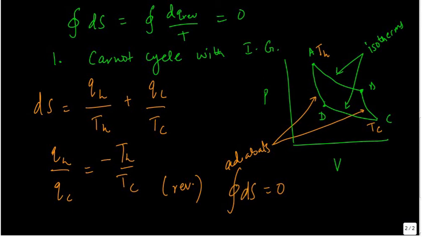So for the Carnot cycle, for an ideal gas, I have entropy as a state function. Okay, done. Now, the second thing that I wish to prove is to say that it's true for any material, not just an ideal gas.